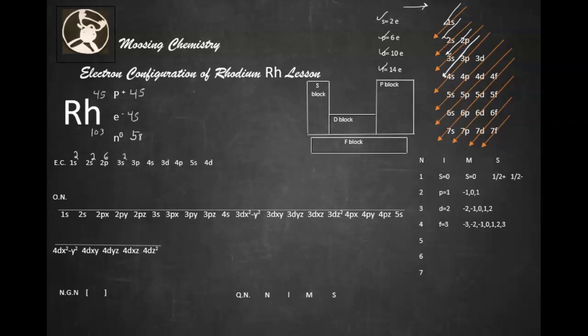3p6, 4s2, 3d10, 4p6. So let's slow down here. 3d10, 4p6. Then it's going to become 5s1, 4d8, because the energy levels in the shells are very similar to each other, so they tend to jump around a lot.